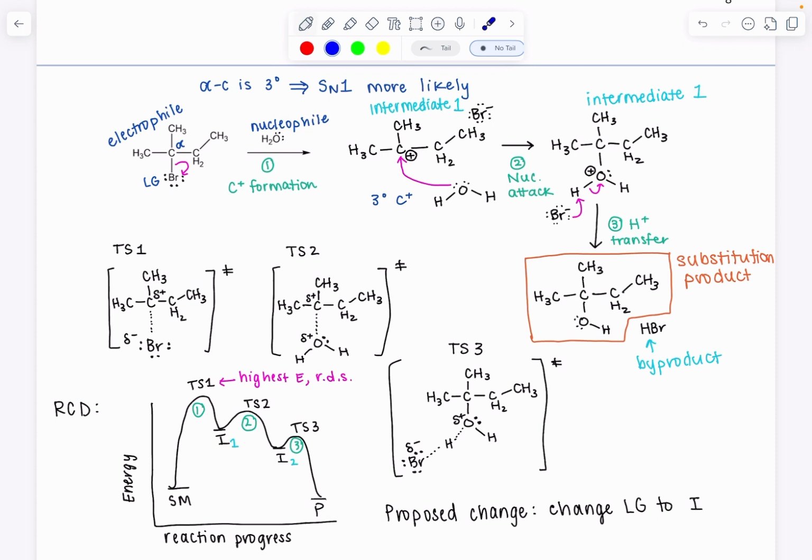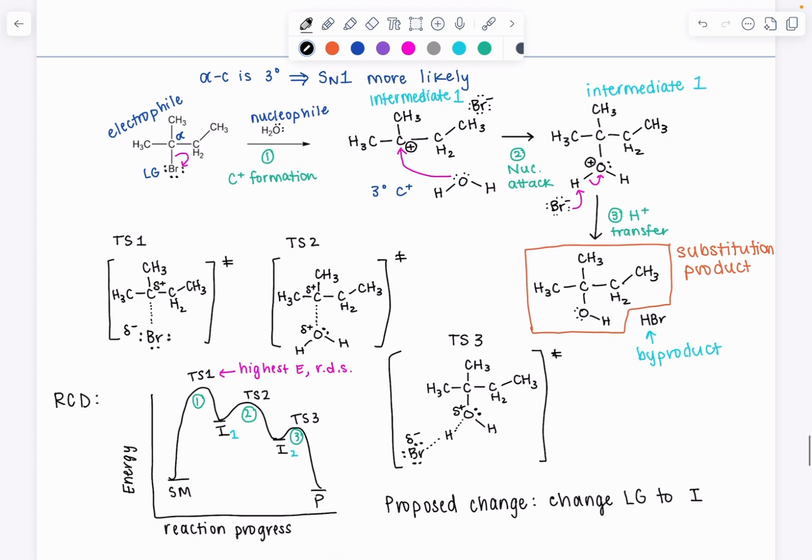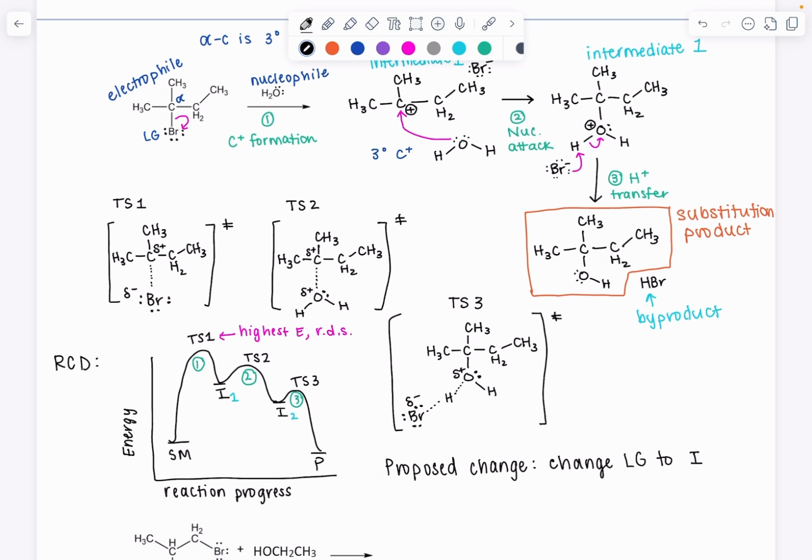Okay, next, another option is to change the nucleophile. It is currently water, H2O, but based on our notes, something that would help this move faster, but still add an OH group in the product, is changing the nucleophile to hydroxide, OH minus.